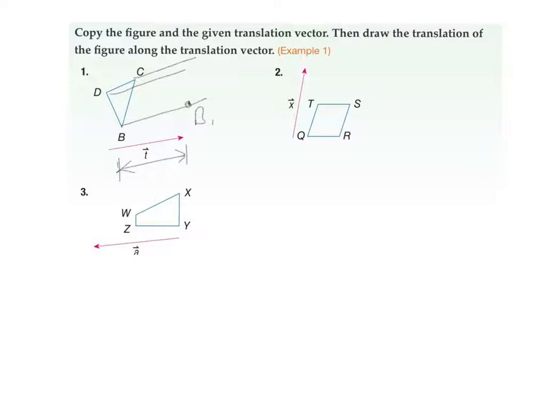Do the same with D, do the same with C. Yours is going to be obviously a lot more accurate than mine. I'm doing my freehand. But again, once you're finished, don't forget you've got A dash, B dash, C dash and D dash. Your triangle should be translated the same length, same direction as your vector.